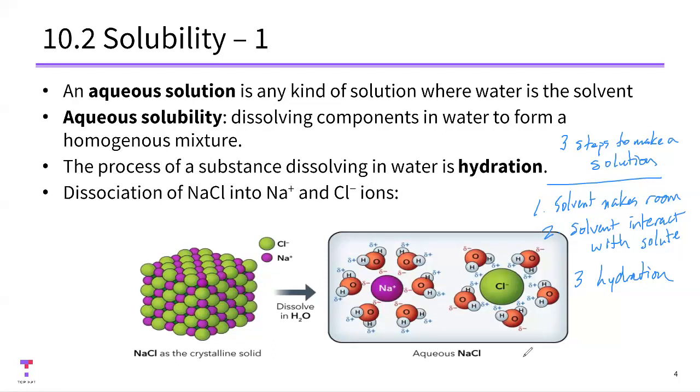And so a solution ends up being a series of these hydrated molecules moving around in that liquid medium, which is why we have consistency in a solution. No part of a solution is more concentrated than another once we get to this full mixing state.